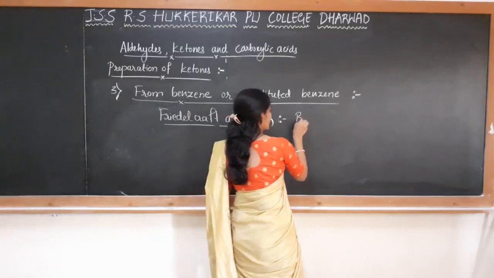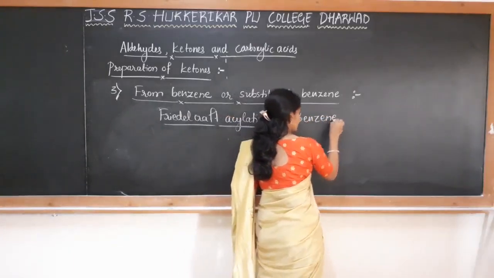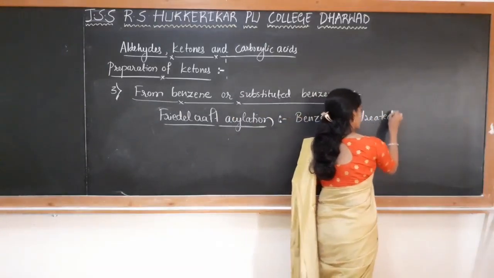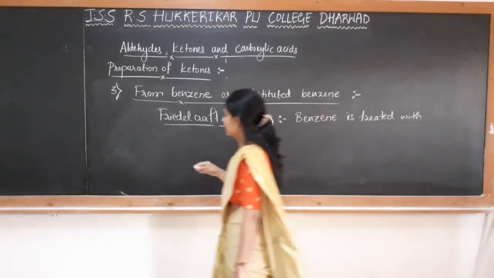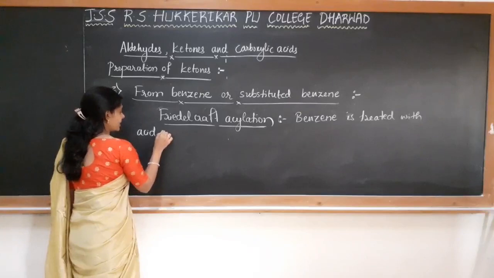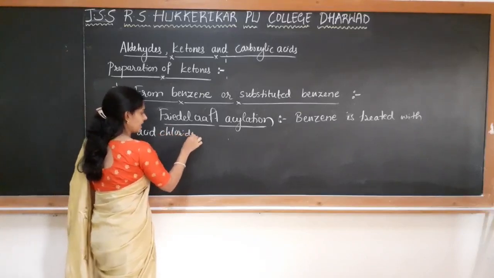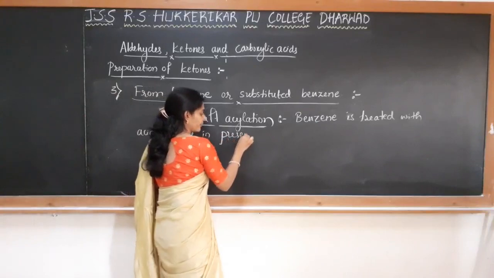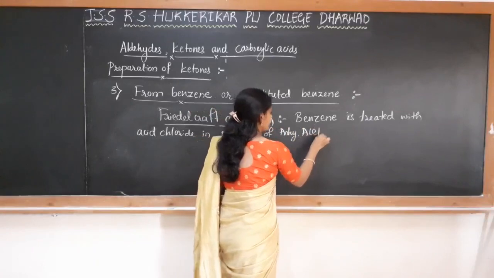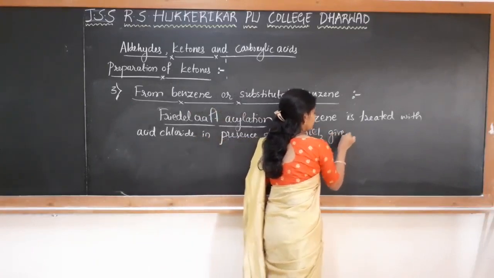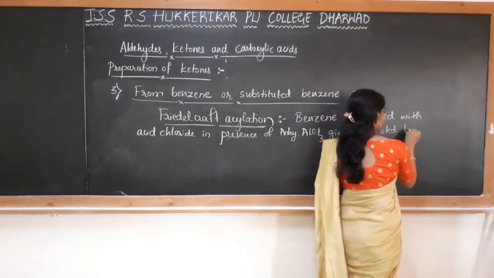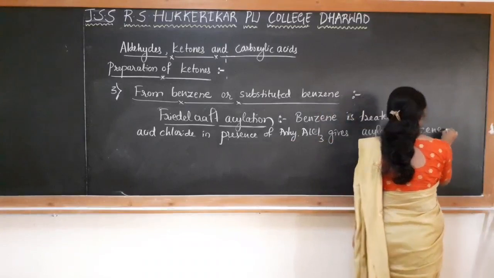The reaction is: benzene or substituted benzene is treated with acid chloride or acyl chloride or acid anhydride in the presence of anhydrous aluminium chloride and gives acylated benzene, that is, the acyl group is introduced.